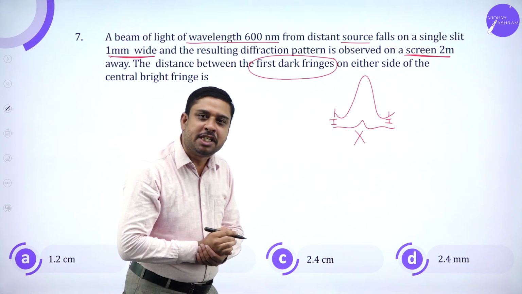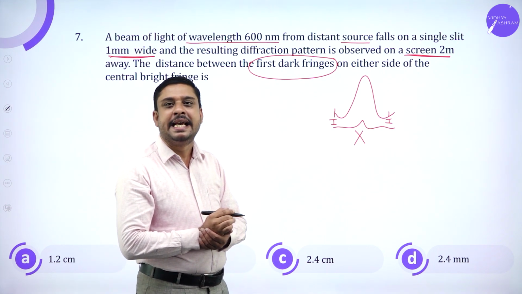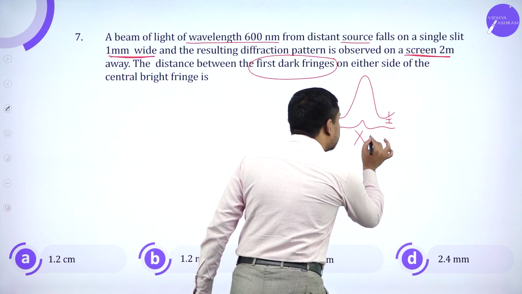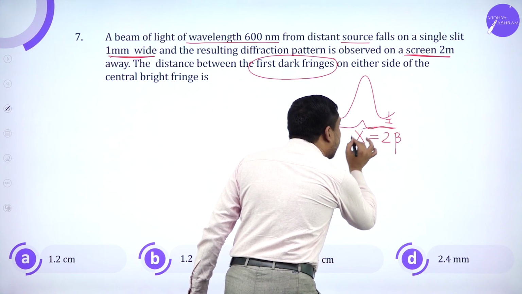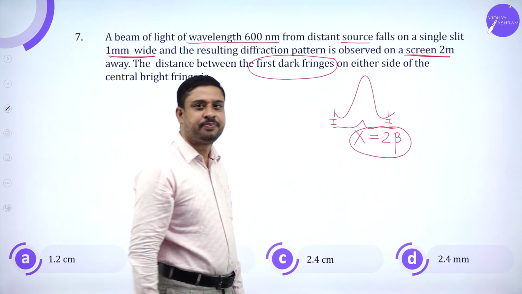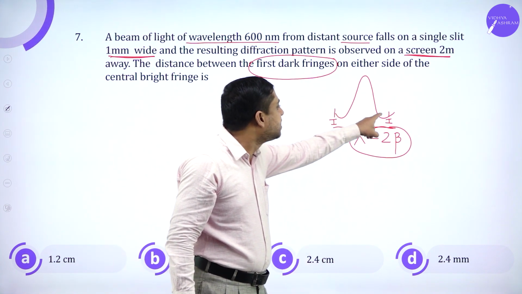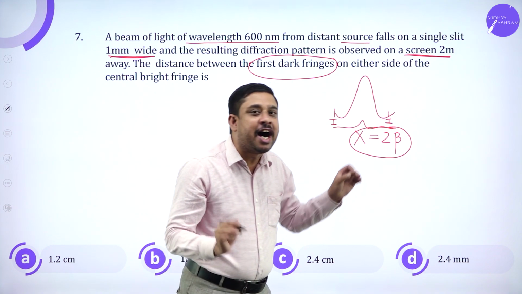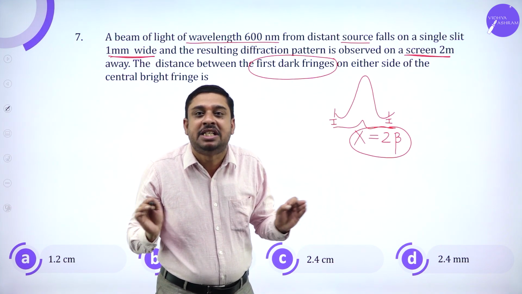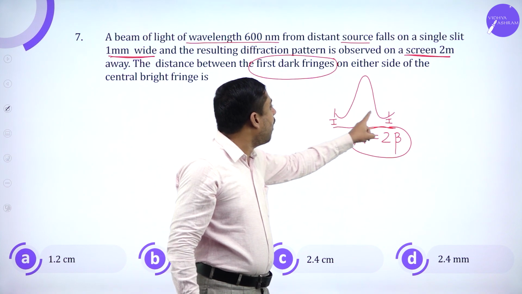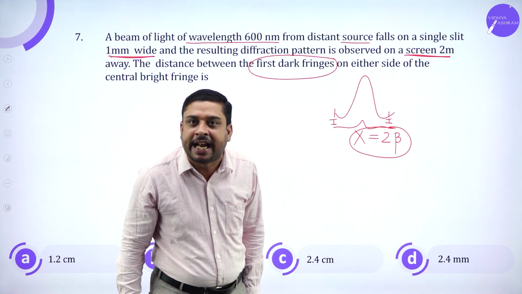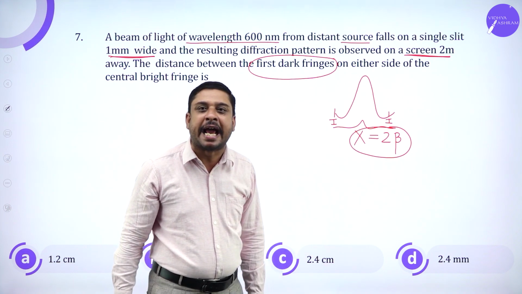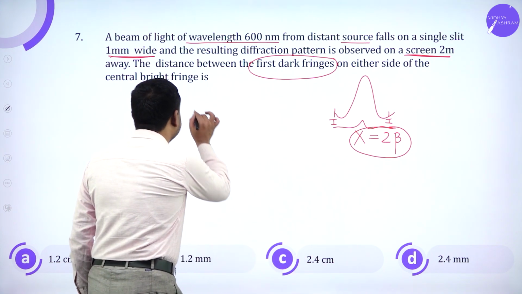And please note that X is always equal to 2 times beta, the distance of the first dark fringes on either side of the central fringe is 2 times beta.